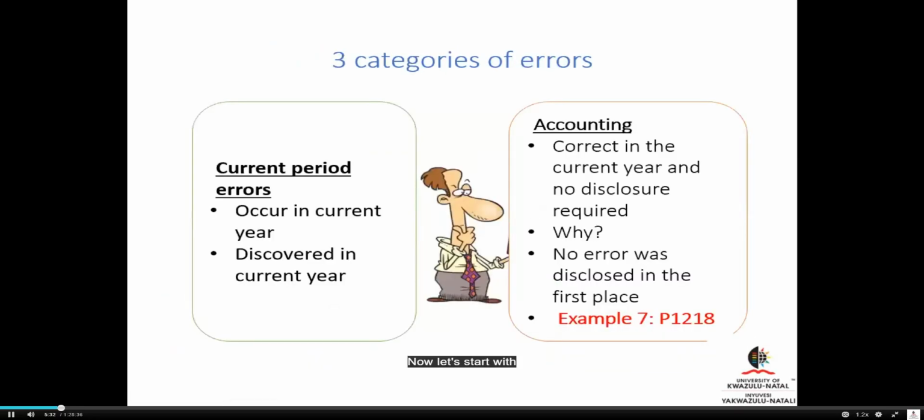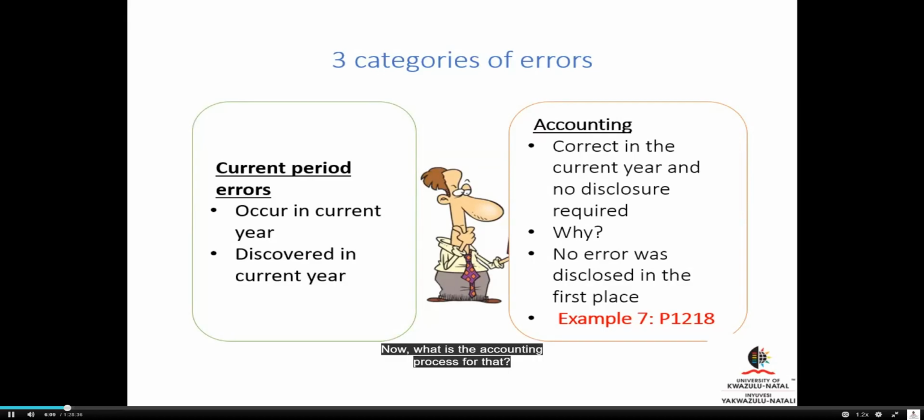Now, let's start with category one of the errors. Category one deals with the current period error, which means an error that has occurred in our current period. How do we adjust for that kind of error? A current period error is an error that has been discovered in the current year, and also occurred in the current year.